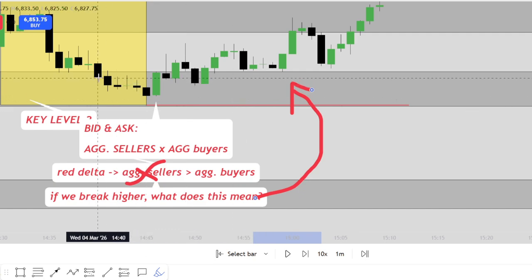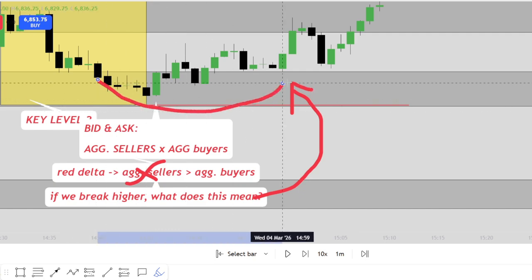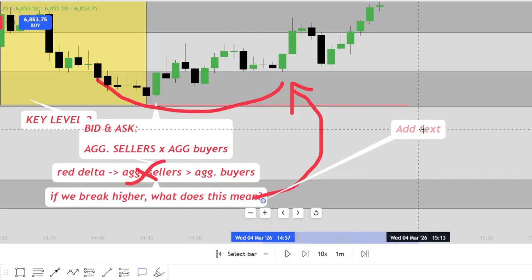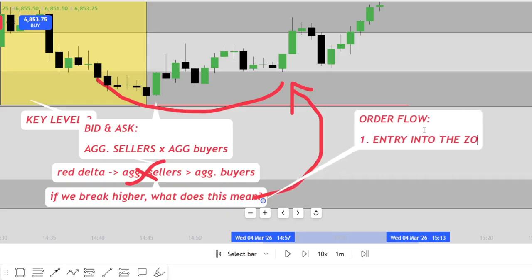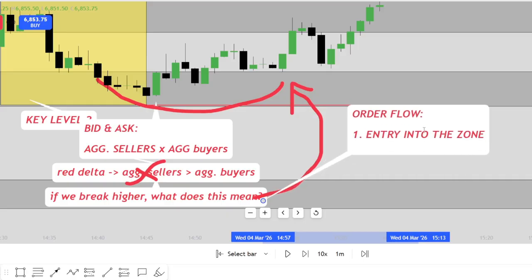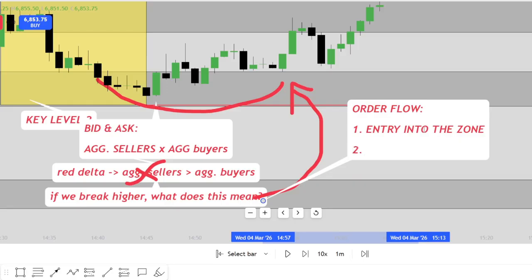At key level 2, between 9:40 and 10, what was going on? This is what we mean by the order flow blueprint. This is how order flow works. You're looking for an entry into the zone. If you're looking for longs, you're looking for aggressive sellers, which are seen via the delta inside of the candles.